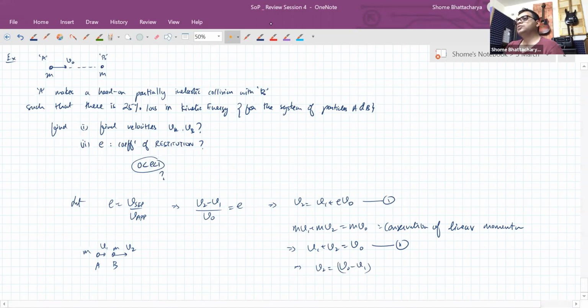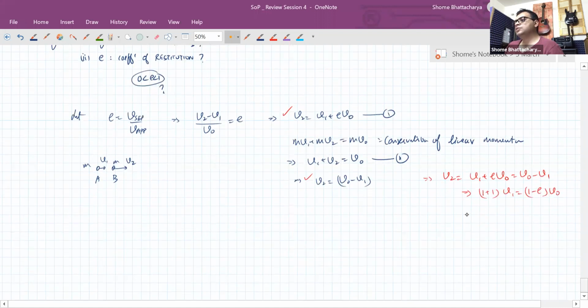So if you compare the first two equations, you can see that v1 plus e v0 has to be equal to v0 minus v1. So from this we can write (1 plus 1) v1 is equal to (1 minus e) v0.